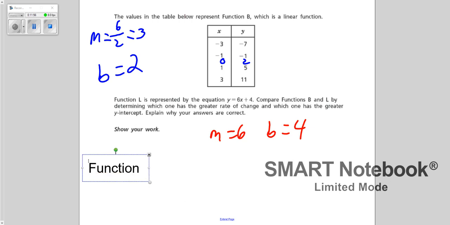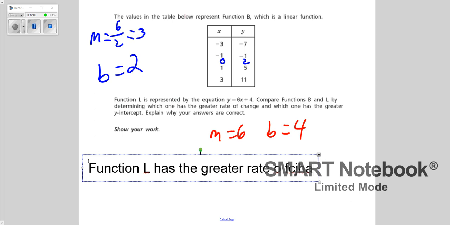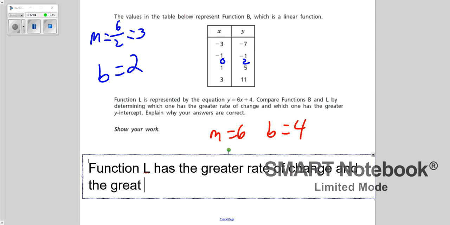Function L has the greater rate of change and the greater y-intercept, because 6 is greater than 3 and 4 is greater than 2.